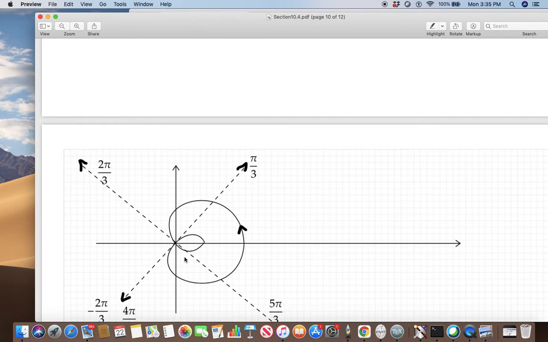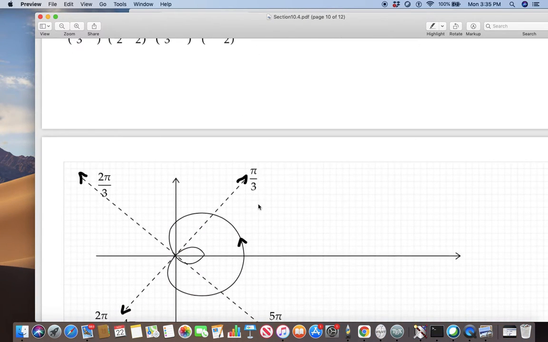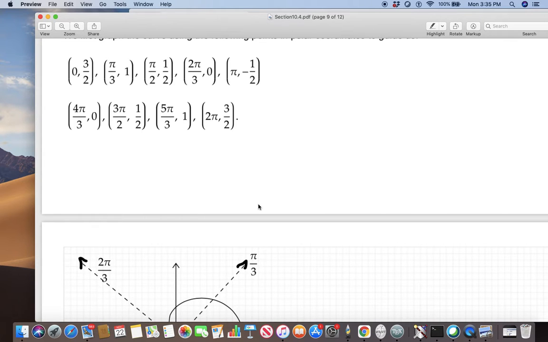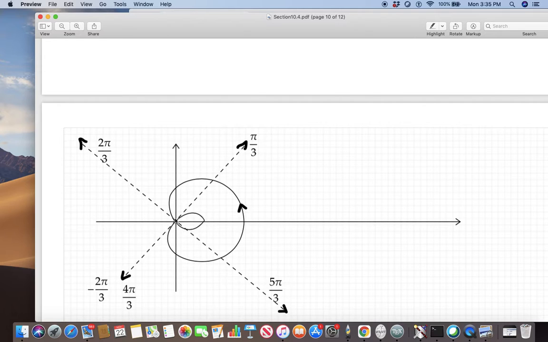At angle 0, r is 3 over 2. I start here. On the left, I go here until here. The moment I'm below, I start going inside.